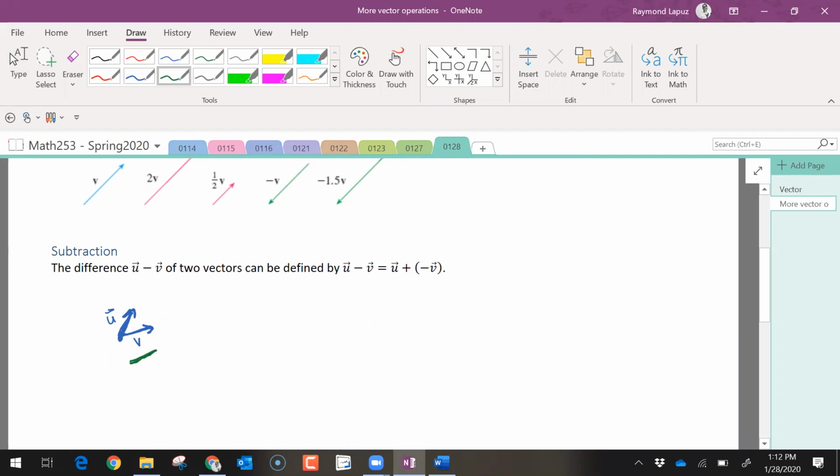So it's going to be the same length, except it's going to be going in the opposite direction as V. And then we want to add U plus -V. So this is U.